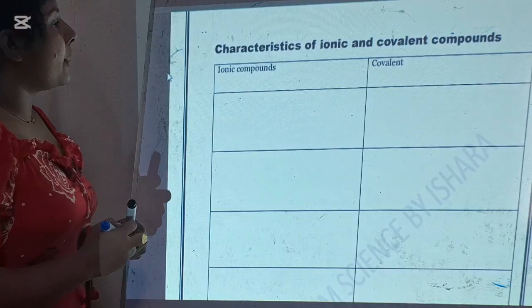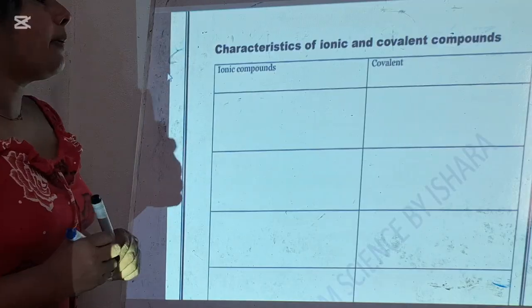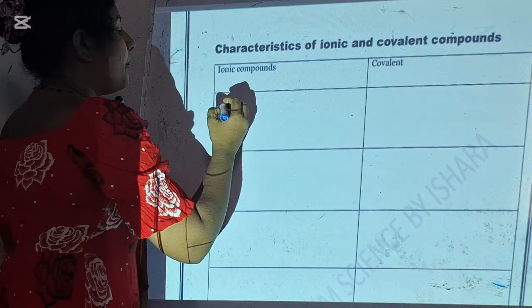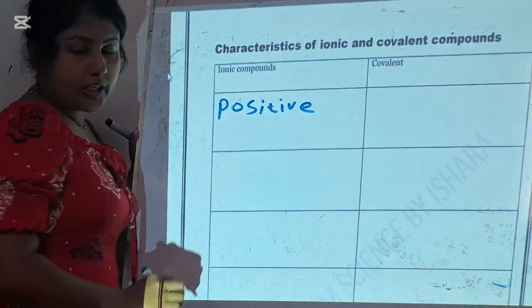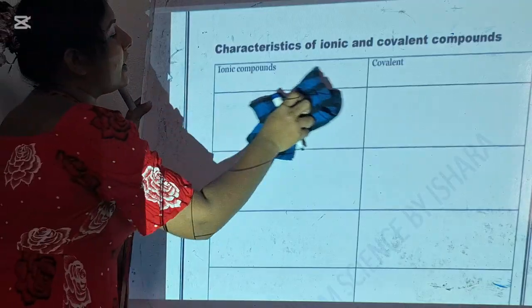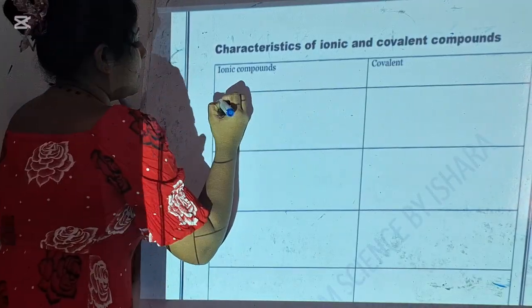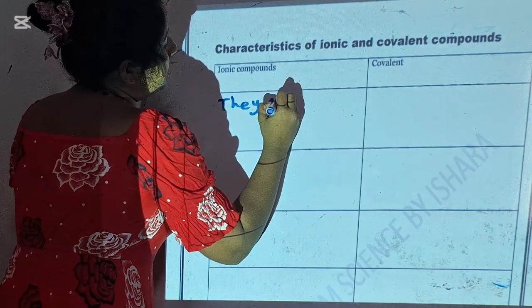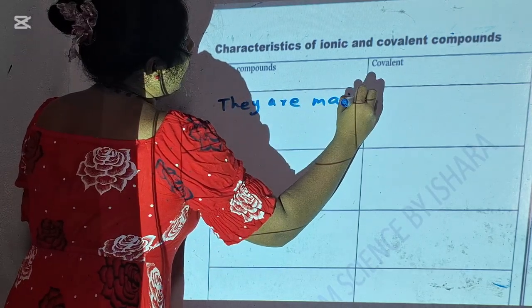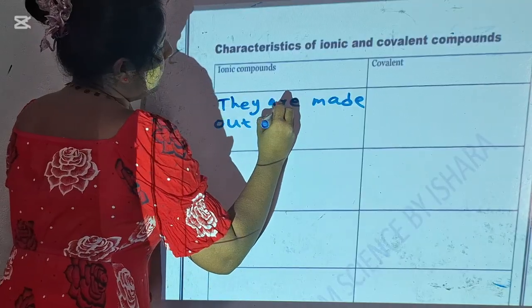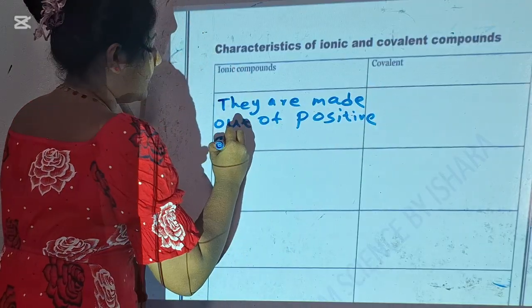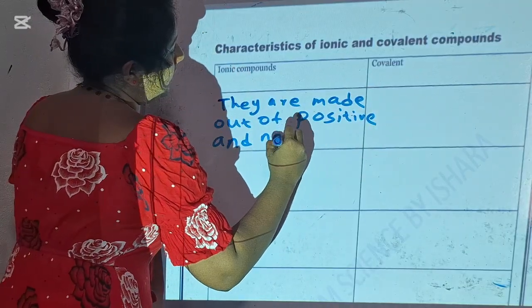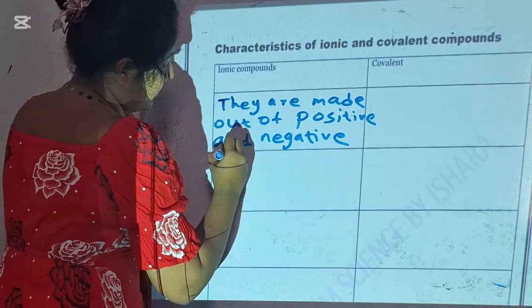Ionic compounds are made out of positive and negative ions. So the first one: they are made out of positive and negative ions.